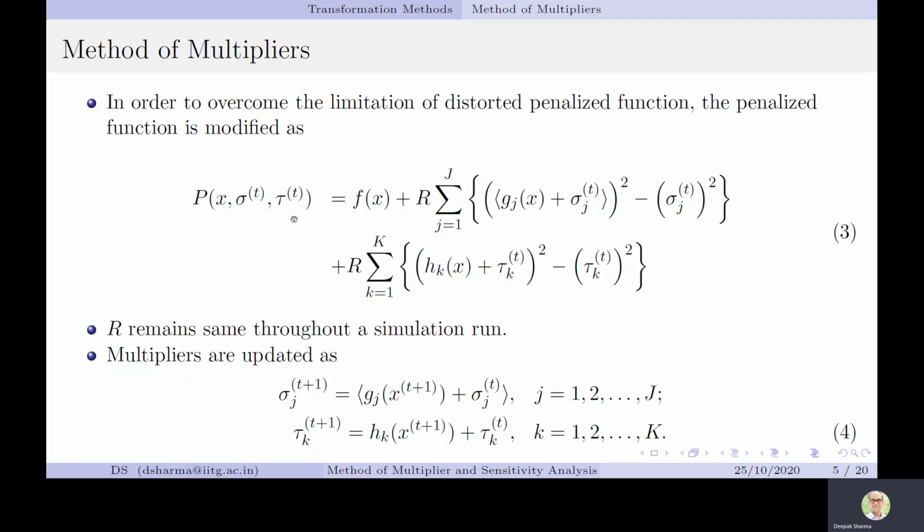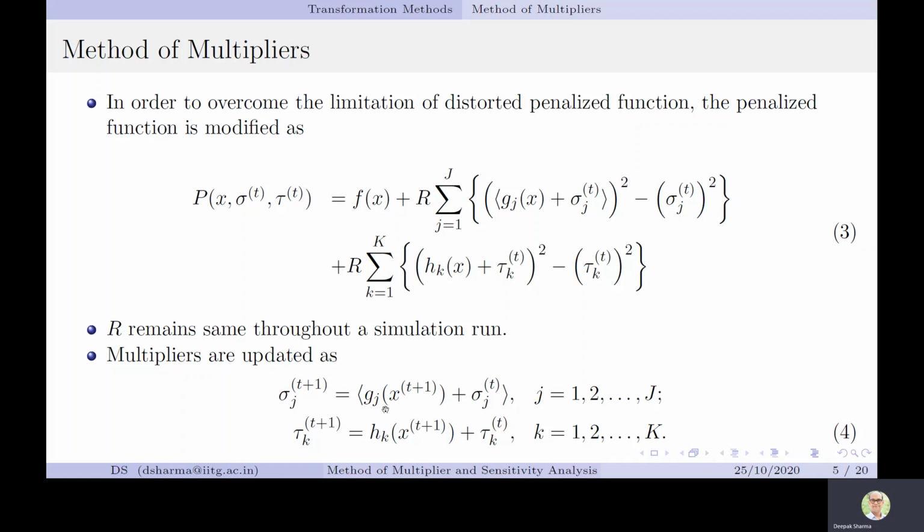This significance we will learn in the later slides, but these sigma t and tau t will help us to find out the multiplier that is called the Lagrangian multiplier. So the point is, if we are starting with some value, how are we going to update this sigma and tau?